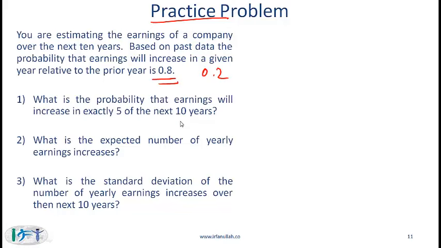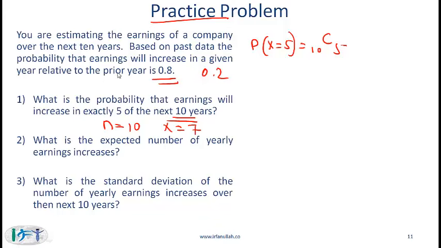Here you use the first formula that you learnt in this segment, which is that probability of 5 successes, so probability of x equal to 5, is equal to 10c5. In this particular scenario, next 10 years, so n is equal to 10. The binomial random variable is equal to 5.